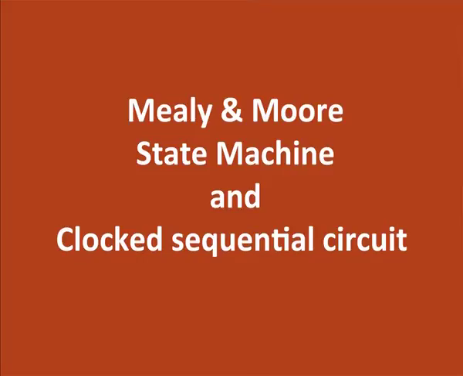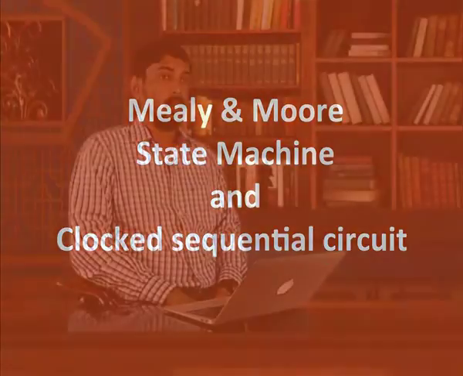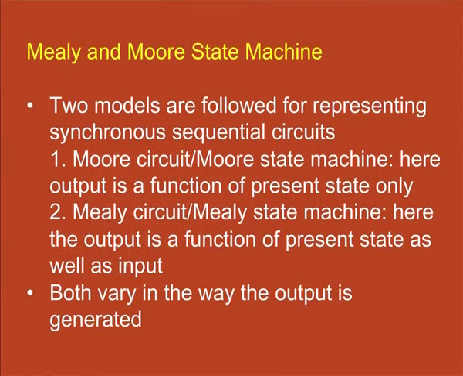Now, we will discuss two models which are widely used to describe sequential circuits, and these two models are used for representing synchronous sequential circuits. They are the Moore circuit or Moore state machine, and the other one is the Mealy circuit or Mealy state machine.